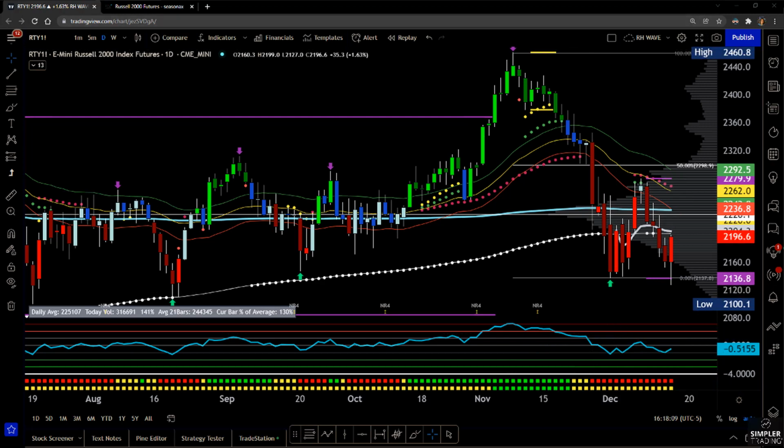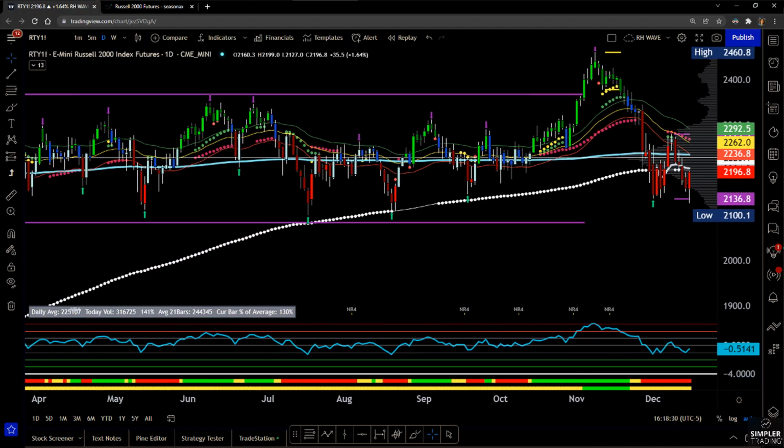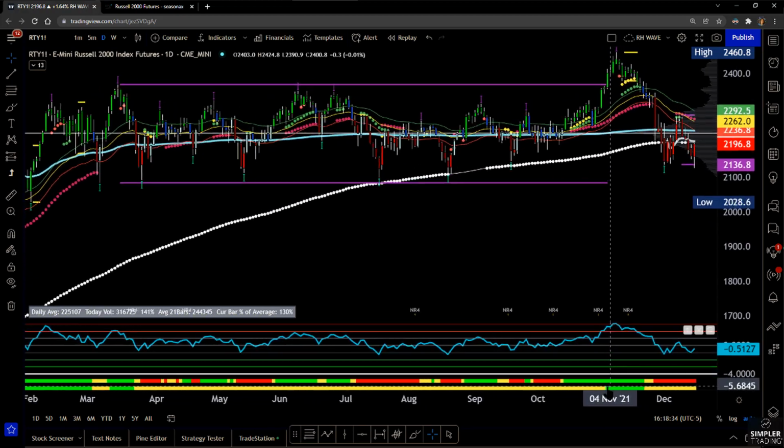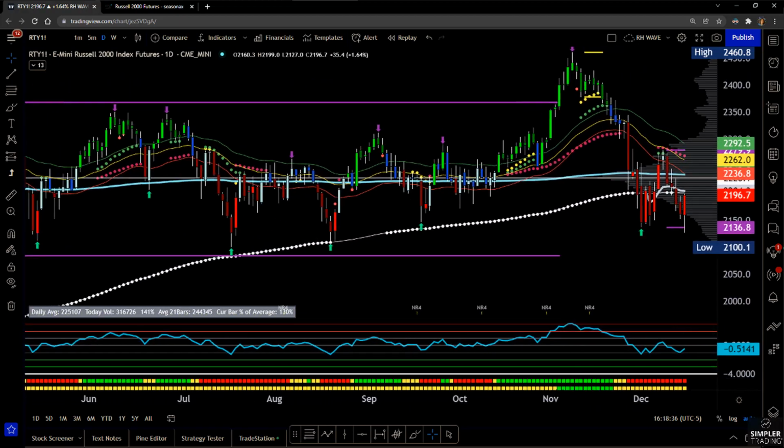Since it's yellow, we look at this level here, right through here, as support. Darvas signal, Darvas line, that's the lower end of the box. And so that's what we're looking at right now in terms of the level from which the Russell would be oversold. And by the way, this oversold bounce has been pretty much the way we've been trading Russell throughout the year.